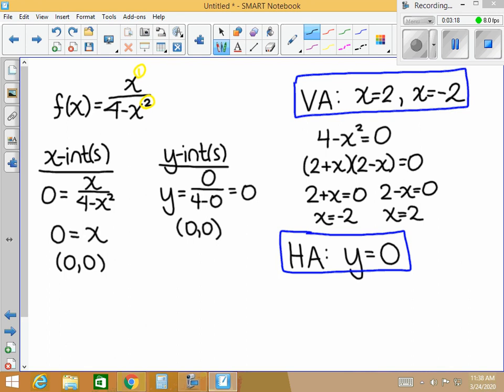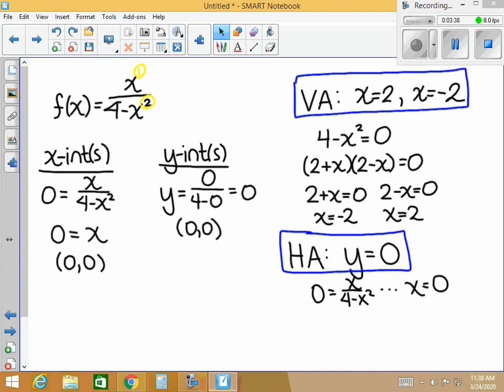Now we also get to save some steps because last time we said, I have to check and see if I ever touch or cross that horizontal asymptote, and we've already solved this equation earlier when we were checking for our intercepts, and so we know that it does cross that horizontal asymptote at the origin.